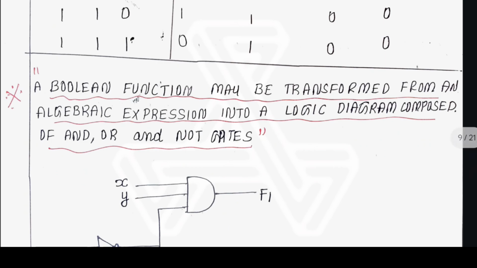Then we can also transform the algebraic expression into a logic diagram. Since there is a multiplication, we will be using an AND gate, which gives x y z dash as f1.